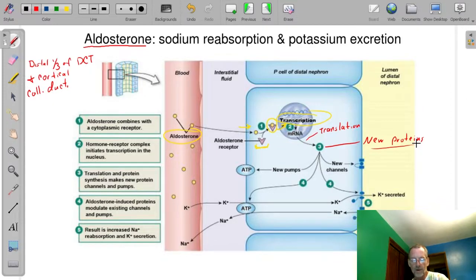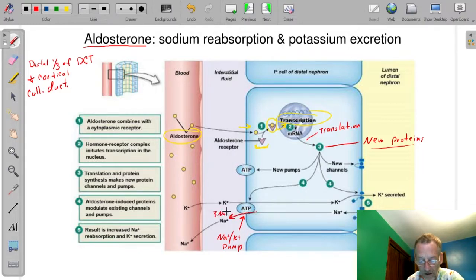Okay, so what kind of proteins do we make to help reabsorb sodium? Well, here's what's going on with the reabsorption of sodium. Here's the sodium-potassium pump, and remember that it's pumping sodium out.